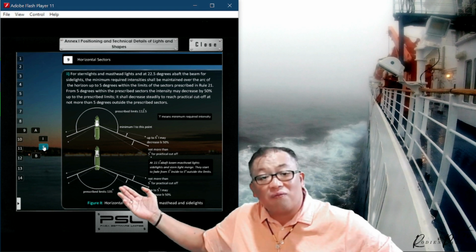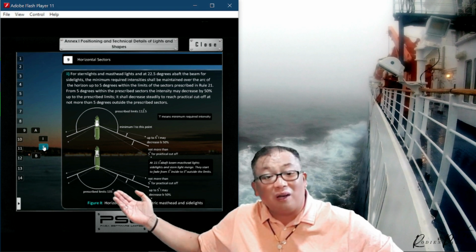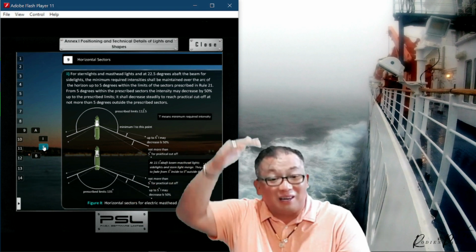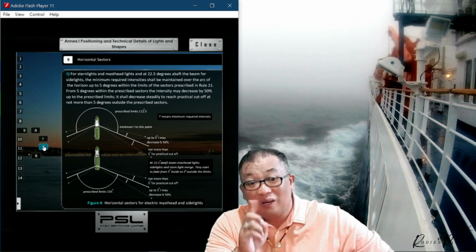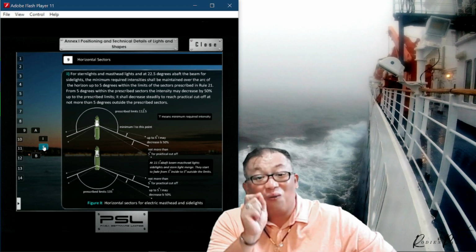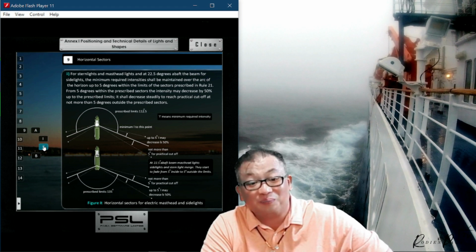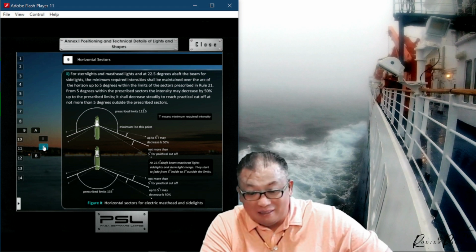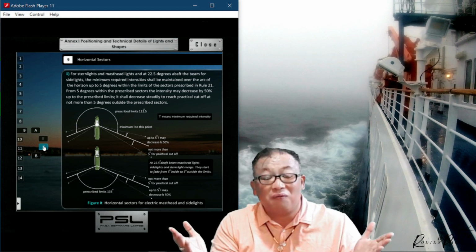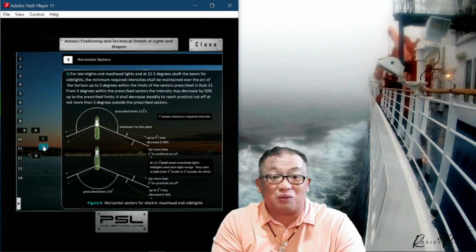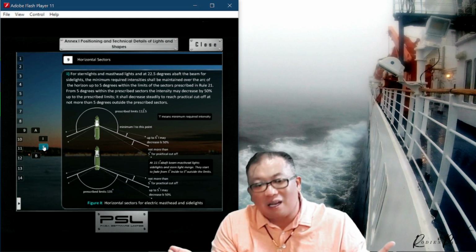What's the difference between these? Actually, if you put together these two subcircles, it will create 360 degrees. Why? 225 for masthead, 135 for stern light. But they have different prescribed sectors. So it's still the same.